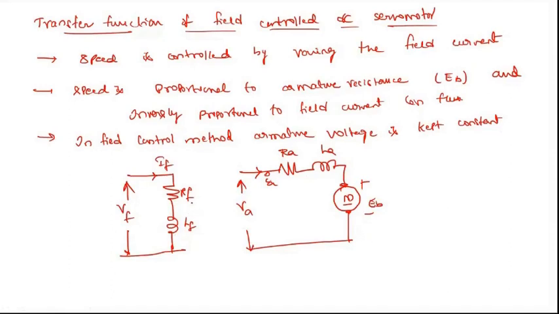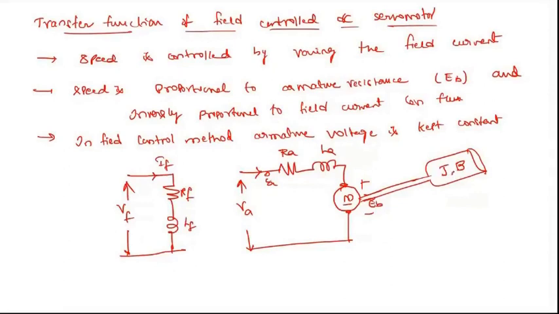The field winding is separate. Now the motor shaft is connected to the mechanical rotational system. The mechanical rotational system consists of two elements, J and B, moment of inertia and dashpot. The spring element cannot be considered because there is no spring in this rotational system.